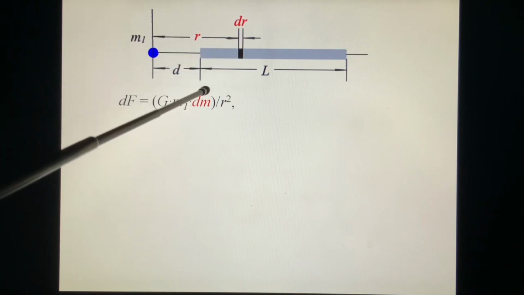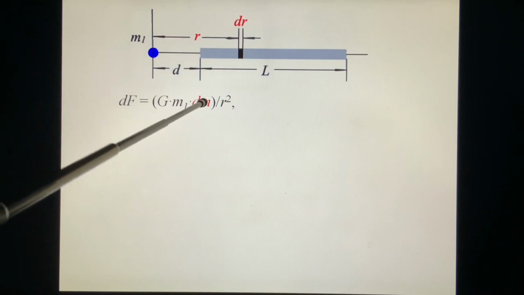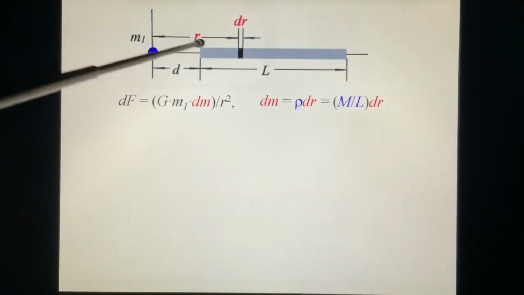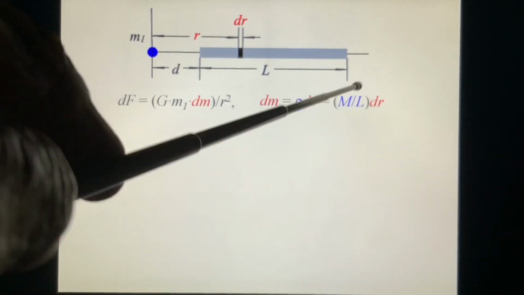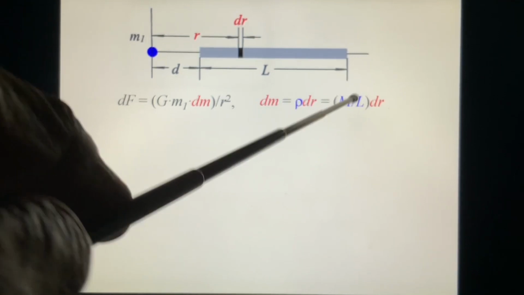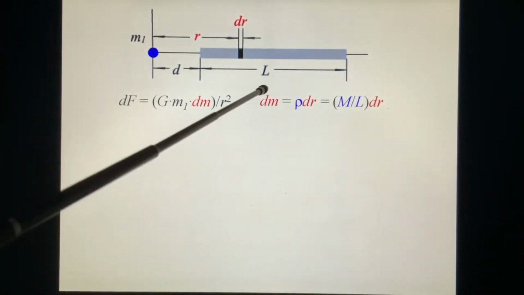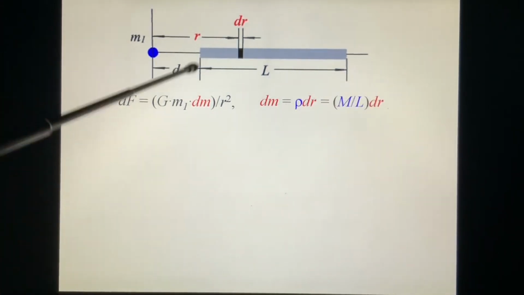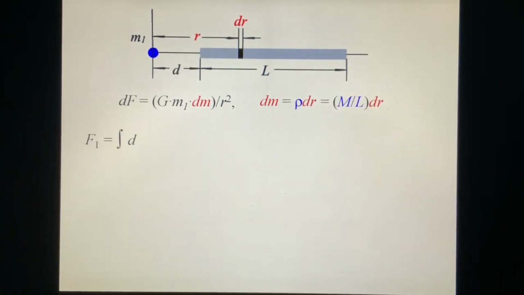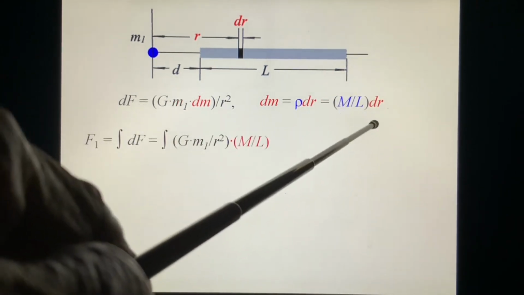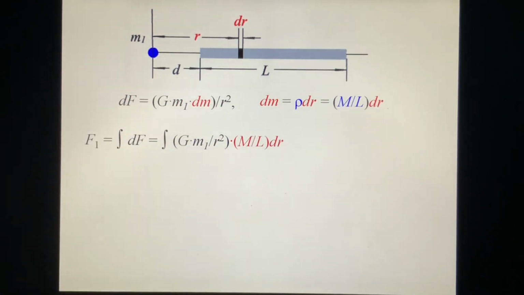The dm equals its density times dr. The total mass is M, the total length is l, so M over l is the linear density of mass, right? So dm equals M over l dr. We put it in here, and we get dF equals G m1 M over l r squared dr.